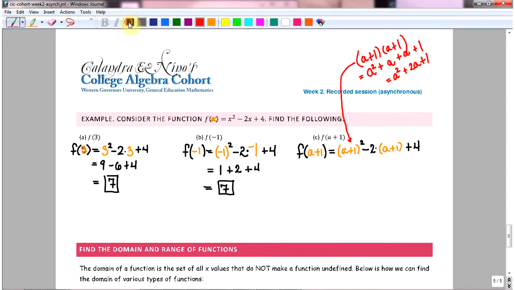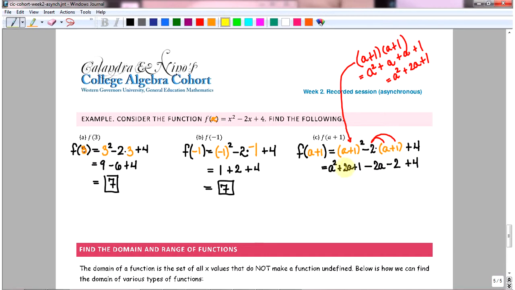So we can go ahead and plug that in. A squared plus 2a plus 1. Now with our next term, we just need to make sure that we distribute that -2. -2 times a is -2a. -2 times 1 is -2, and we still have that +4 on the end.